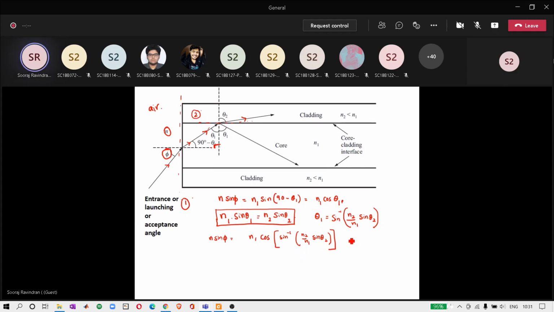And if you use this relationship, let's say cos theta is equal to root of 1 minus sine square theta, then you are going to get phi is going to be sine inverse of n1 into root of 1 minus n1 by n2 into sine theta 2 the whole square, divided by n. So you just have to apply this identity.